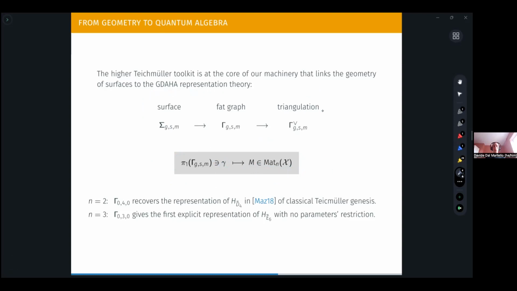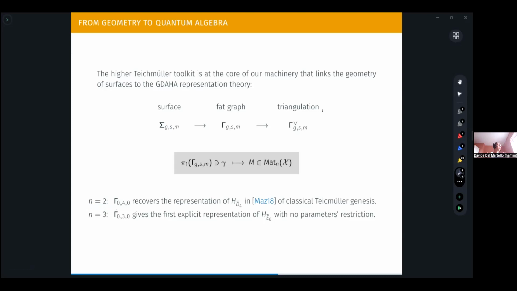Well, because it does exactly what we wanted to do. So if we pick n equal 2, remember we're developing the theory for PSL_n, and PSL2 is the case of classical Teichmüller theory. So as any higher honest object, you want it to recover the starting classical bits it has to generalize. And this indeed happens by just picking n equal 2, so PSL2.